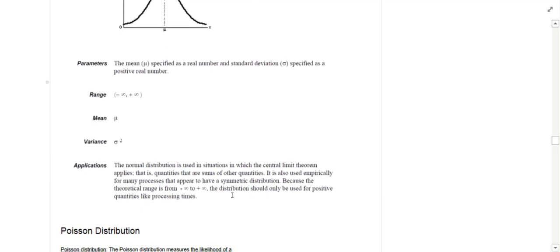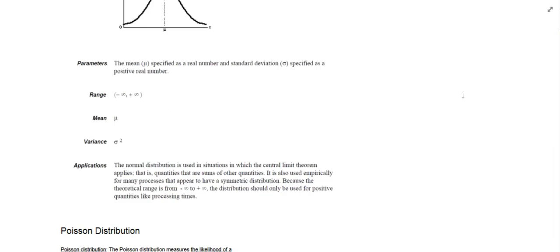So again, the normal distribution is used in situations where the central limit theorem applies, and that is for quantities that are sums of other quantities. It is also used empirically for many processes that appear to have a symmetric distribution. Because the theoretical range is from negative infinity to positive infinity, the distribution should only be used for positive quantities like processing time.